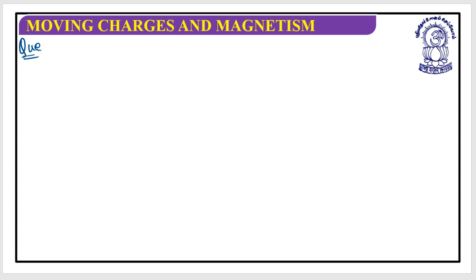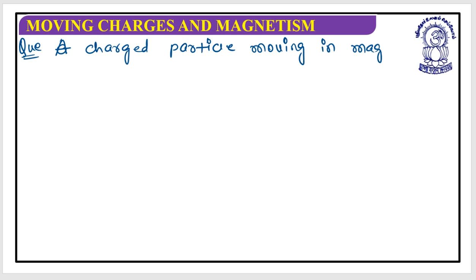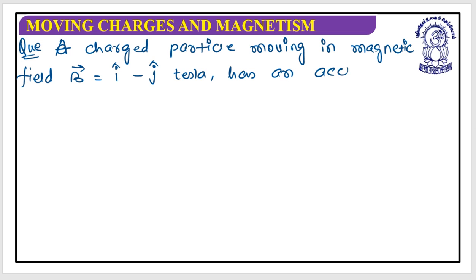The question says that a charged particle moving in magnetic field B equals I minus J Tesla has an acceleration of 2I cap plus alpha J cap at some instant.